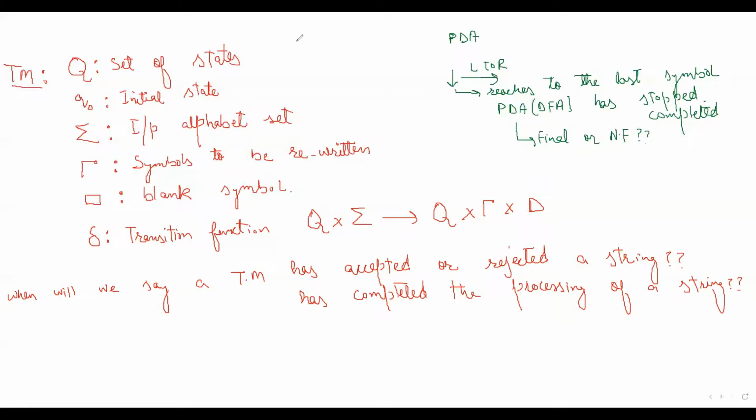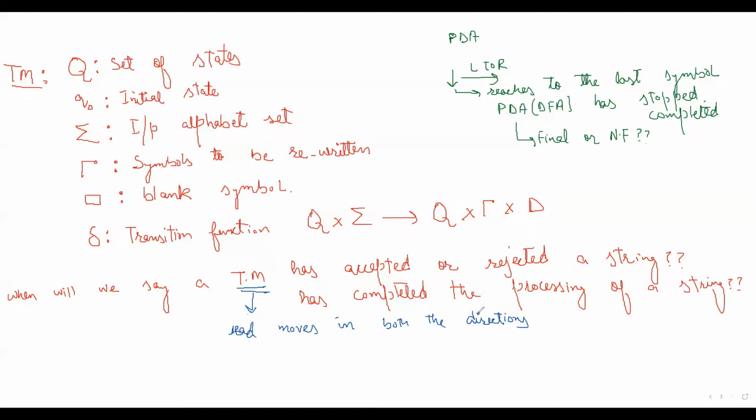However, this is not true in the case of a Turing machine. Why? Because in a Turing machine, the head moves in both directions. So it may be possible that it will never reach the end of the string. Or it may be possible that it is still computing after the end of a string.